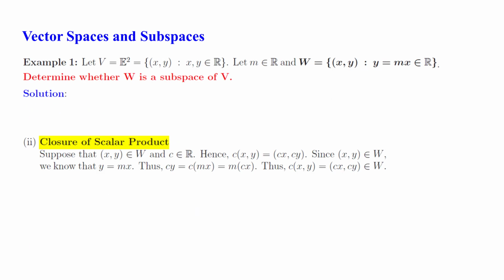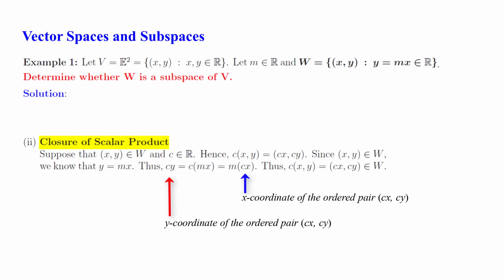I take an arbitrary vector. I want to show that the scalar multiple of it is in W. And here's the proof. As I illustrated, we take y equals mx. If (x, y) is in W, then y is equal to mx. Then we multiply both sides by c. Then c times y is c times mx, which is also m times cx.